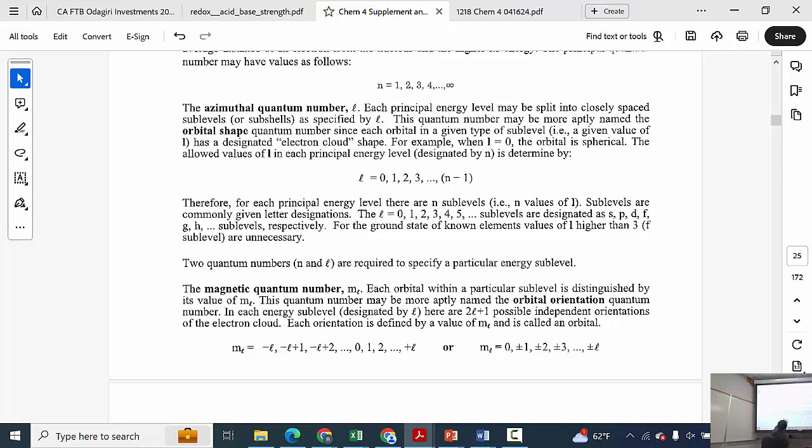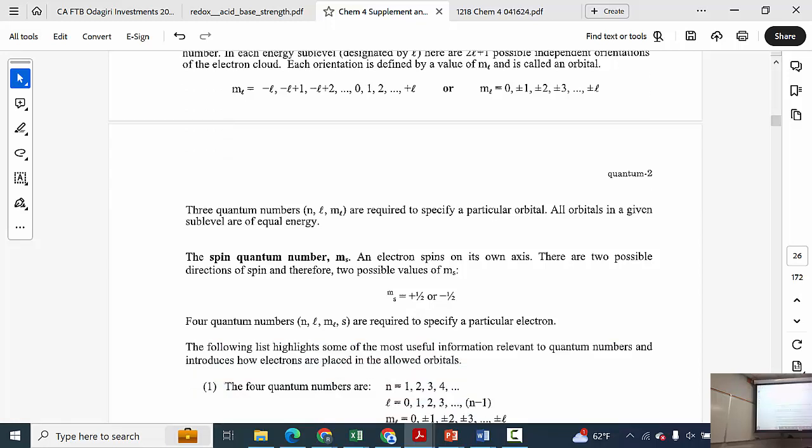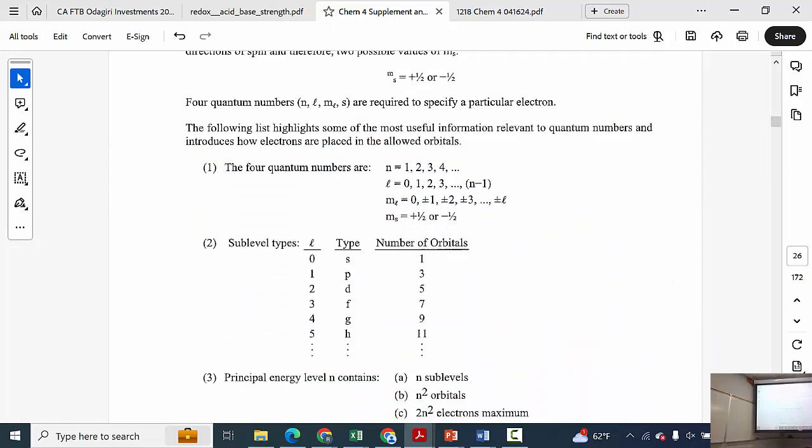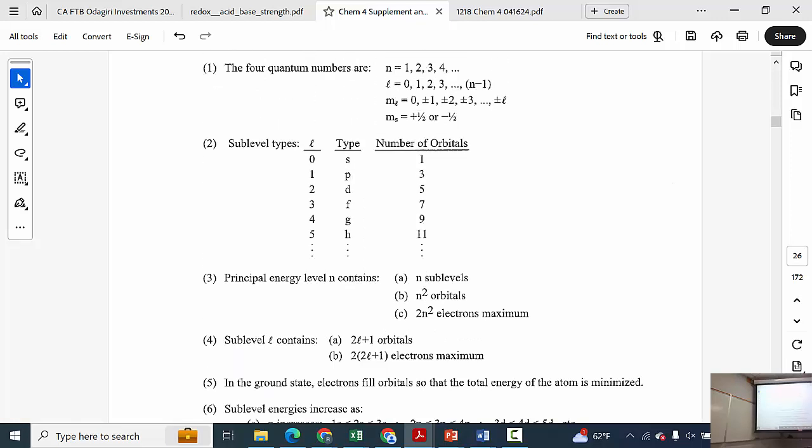We go from minus 2 to minus 1 to 0 to plus 1 to plus 2. So that's 5 values. And I think it's the number of orbitals of a given shape. There are other mathematical patterns here, which I'm going to skip for right now.